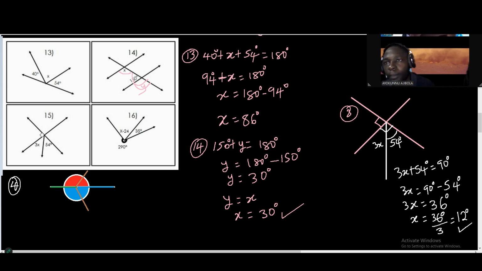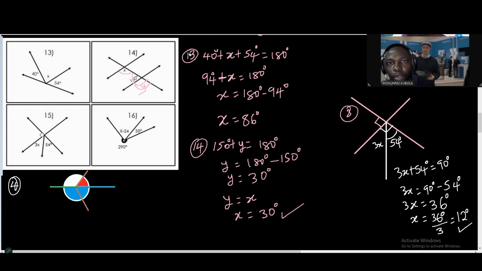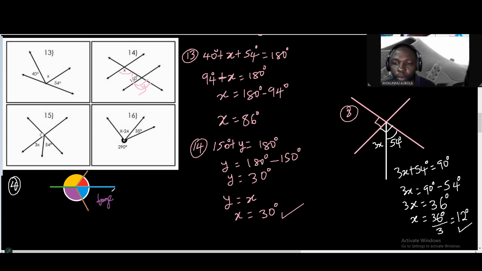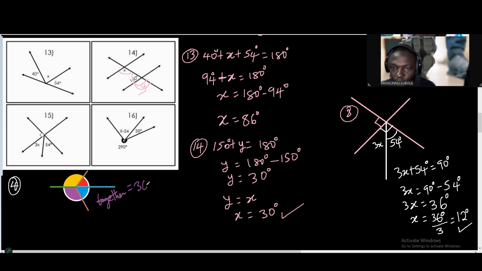So it has been divided into how many angles now? 4. If we're to separate the angles, we can separate them by color and say this is 1, 2, 3, 4. So if the two angles at the top give me 180, and at the bottom give me 180, all of the angles together will be what? 360.